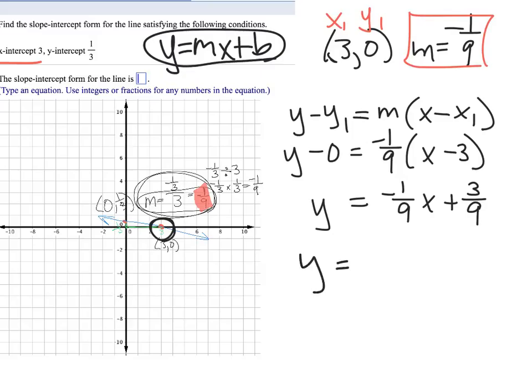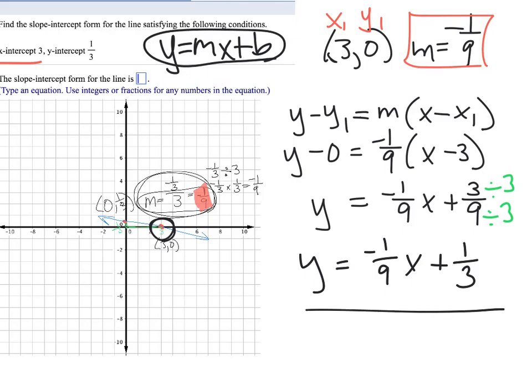So that becomes y equals negative 1/9 x plus 1/3. And how did I get that 1/3? Because I divided both the numerator by 3 and the denominator by 3. And so that gives us our slope-intercept format, which is exactly what we wanted.